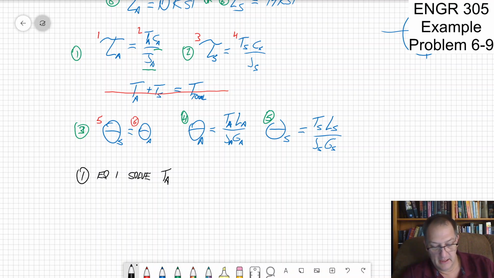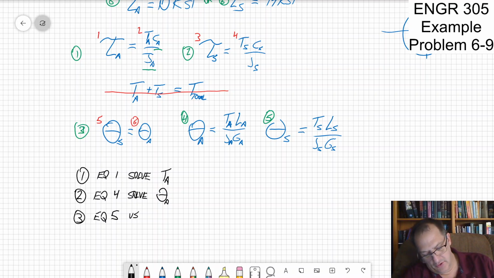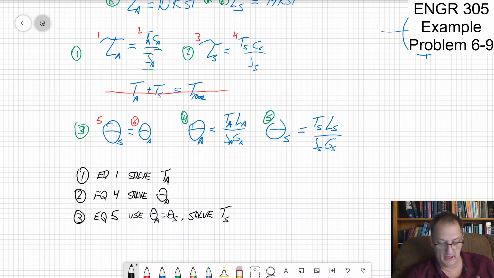Then I would take step 2, I would go with equation 4, and solve for theta A. And then step 3, equation 5, use theta A equal to theta S and solve for TS, the torque in the steel.